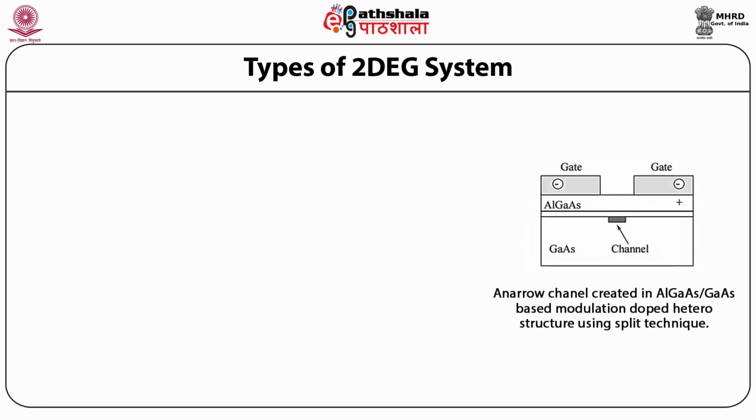So the below figure shows the band structure of the interface between n-type aluminium gallium arsenide and intrinsic gallium arsenide before and after the charge transfer.